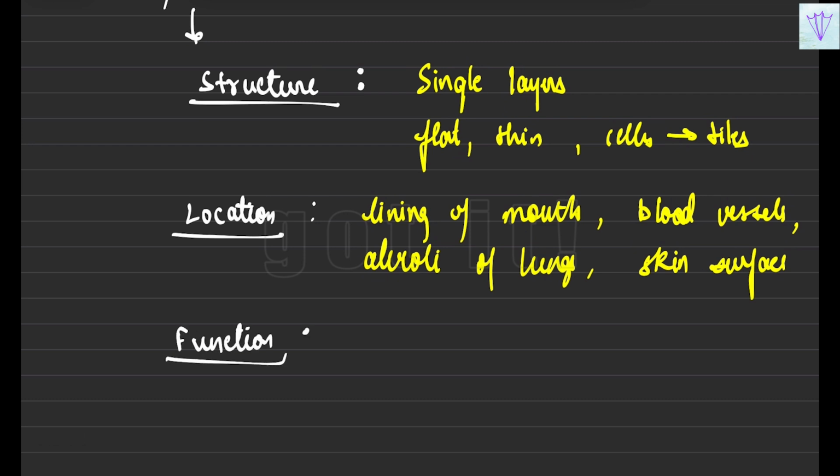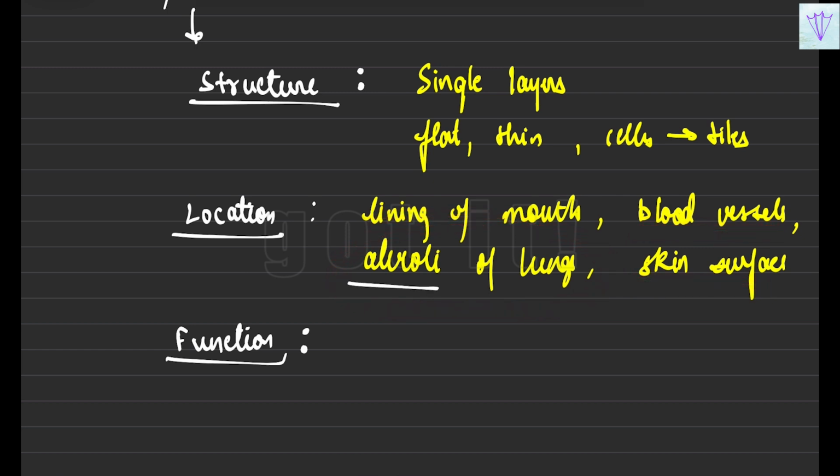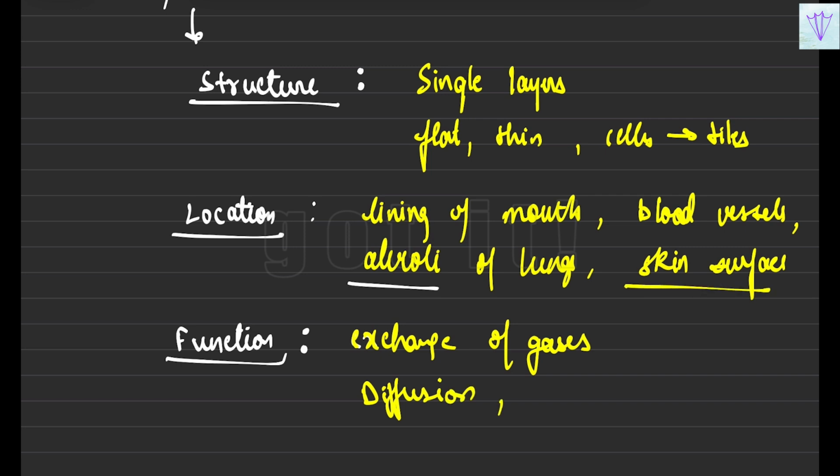When you carefully look at the location where this is found, in the lining of mouth, blood vessels, alveoli and the skin surface, you'll be able to identify the functions, because in alveoli what will happen? Exchange of gases, and diffusion will be happening in the blood vessels, and skin surface in the sense it is used for protection as well.